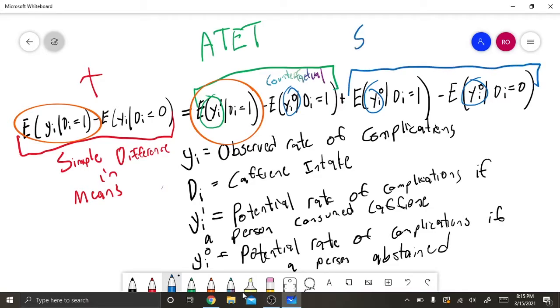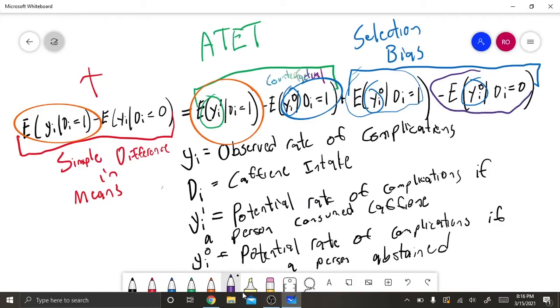This represents selection bias, our arch nemesis. Okay, and notice that this term here and this term here are the same. So this is just the same counterfactual from before. Okay, so you would, and this one, let's see, get another color.